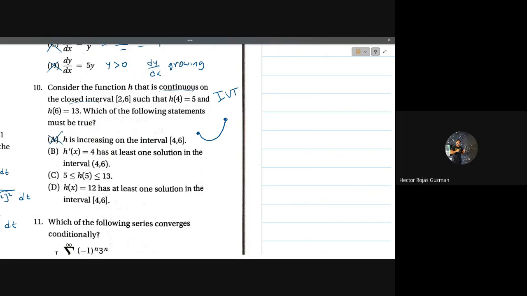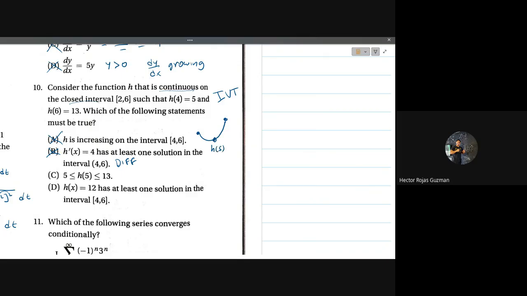The derivative is 4 has at least one solution. They never said the function was differentiable, so you can't assume that it is. The value of h of 5 is somewhere in between 5 and 13. Well, no, we can use the same counterexample right here.